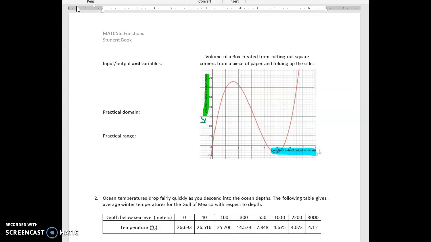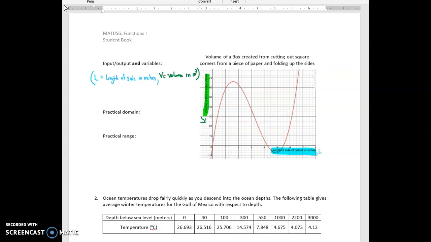So our input and output in that big ordered pair: L equals the length of side in inches, comma, now our output, V equals the volume in cubic inches.